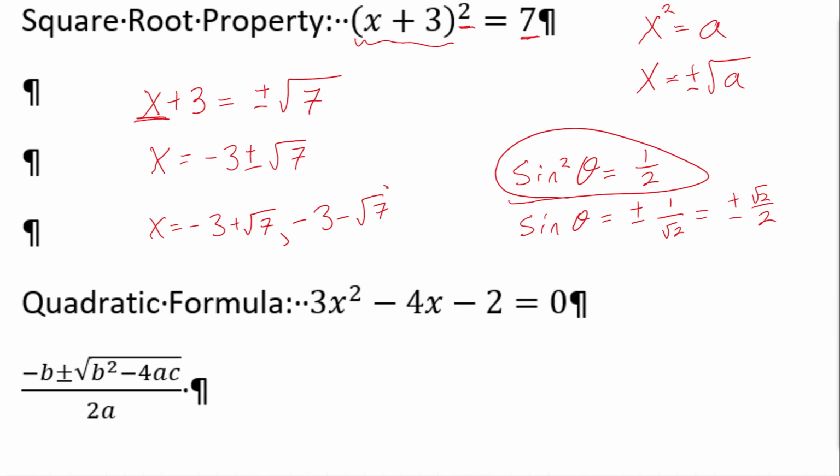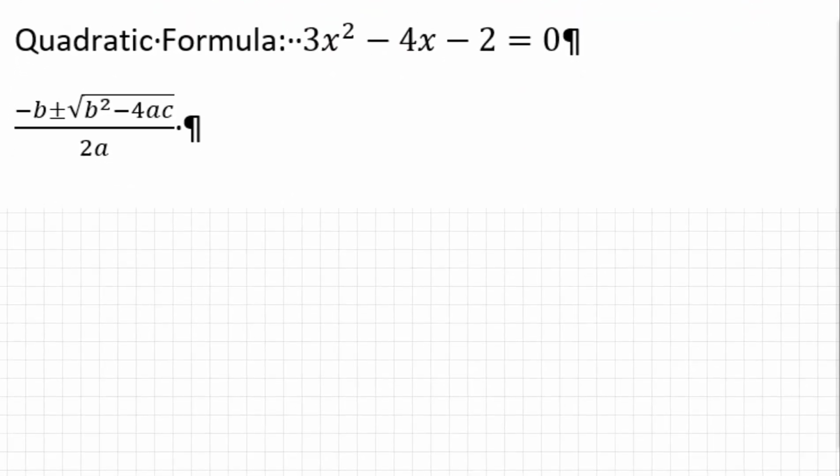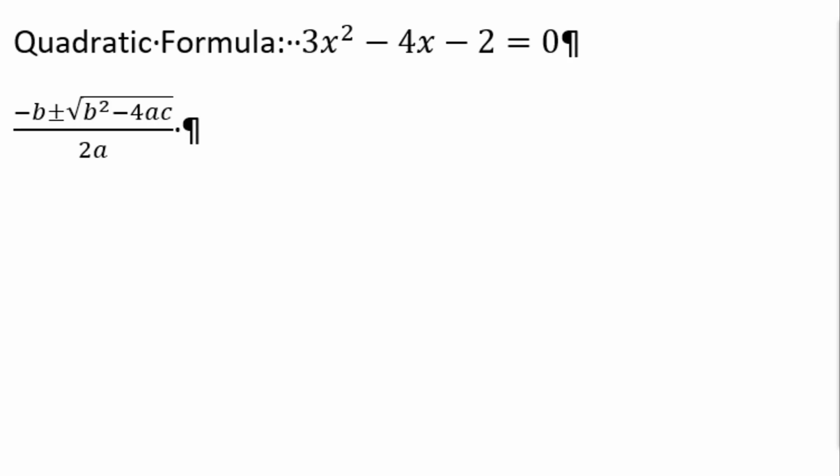Finally, sometimes we have to use the, I call this the sledgehammer of the quadratic toolbox, because it's a beast of a tool to use, but it will tear down any project you need to tear down.